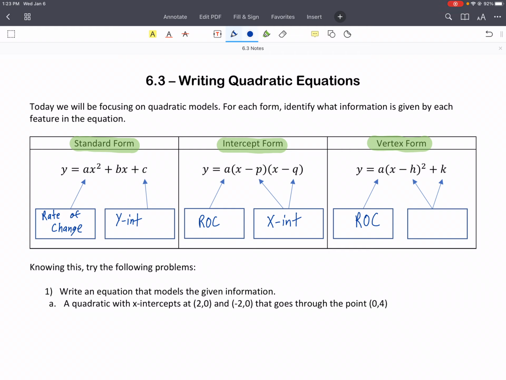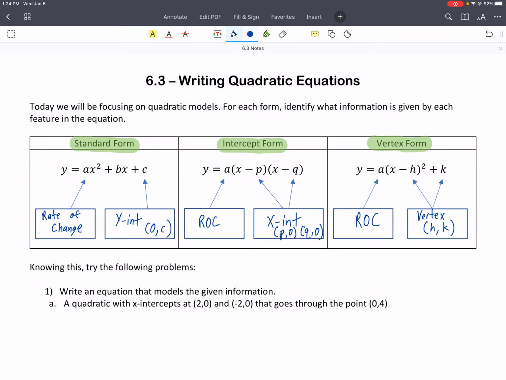And then vertex form, the H and K gave us our vertex, H and then K. Just to give you the other ones, our y-intercept would be 0 and then C. X-intercepts would be P and then 0 and then Q and then 0. So those are those there.